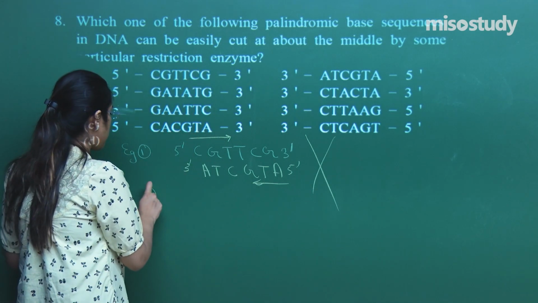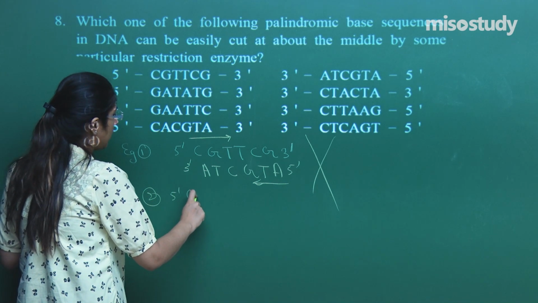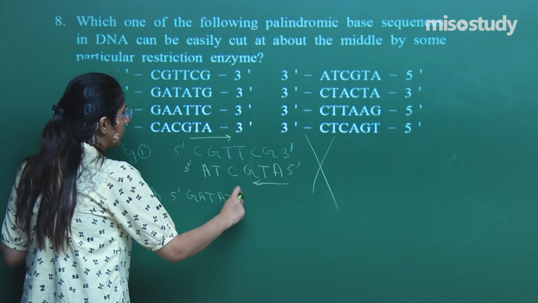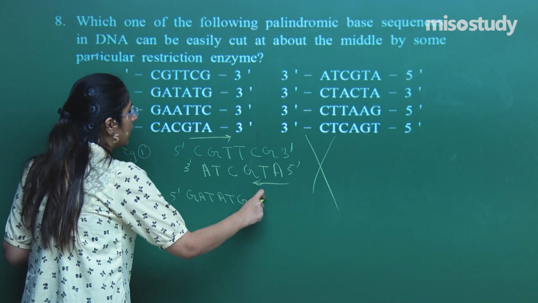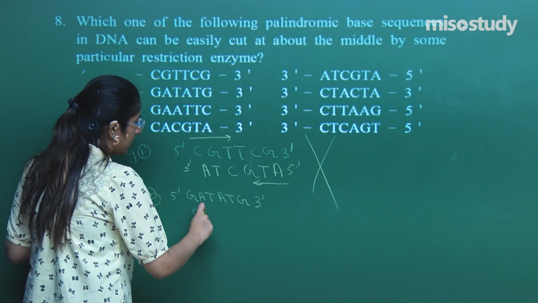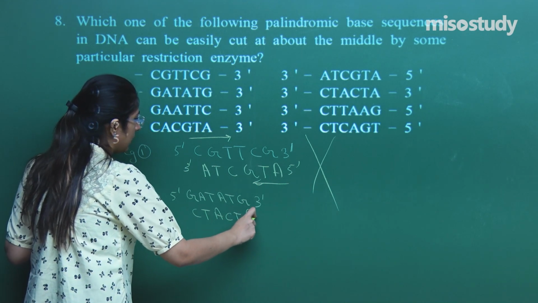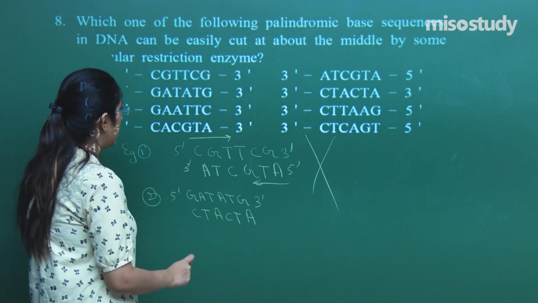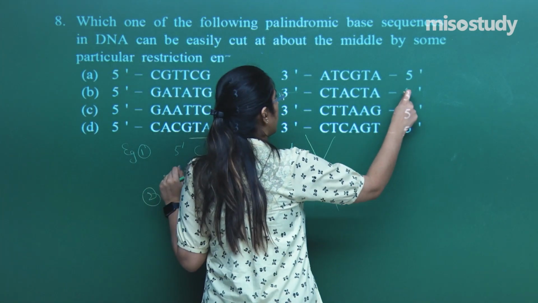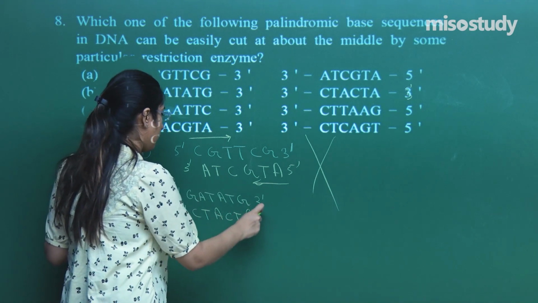Let's look at the second option. At the 5' end we have G, A, T, A, T, G, and this is the 3' end. Similarly, C, T, A, C, T, A. So this should be 5' over here, and 3' to 5' below.